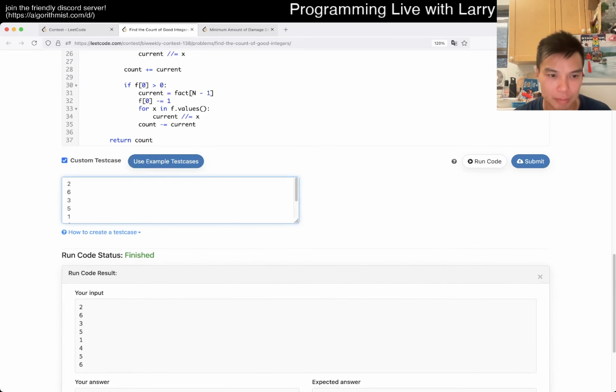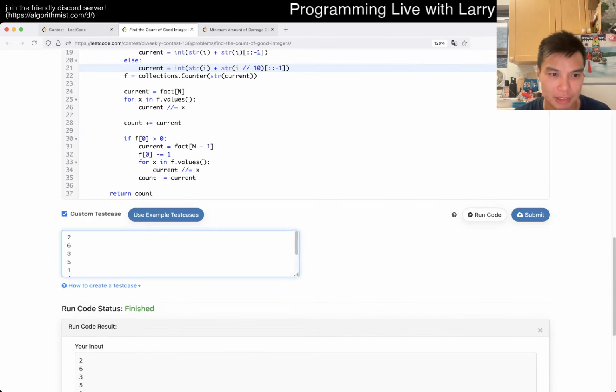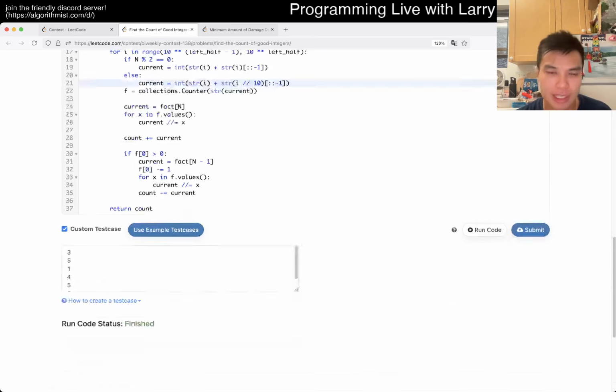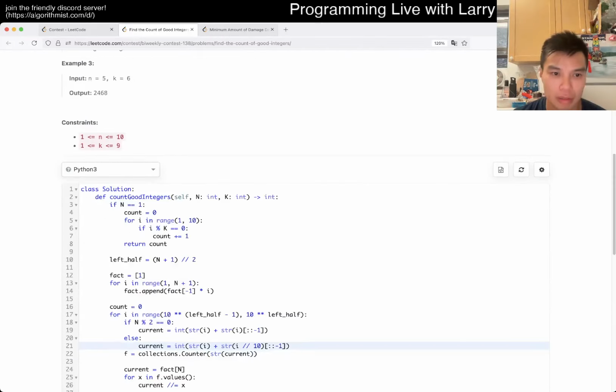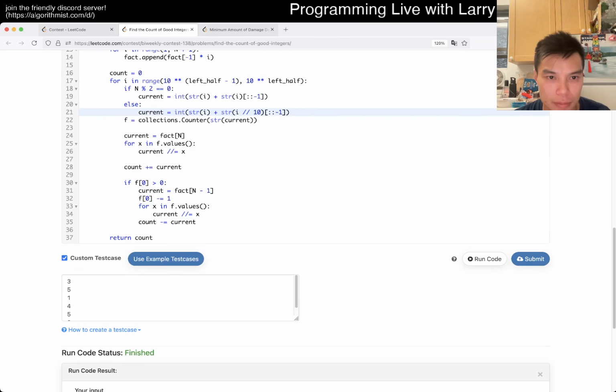2 and 6 is, I don't know if this is right, but definitely the other ones are not right. Okay. Oh, it's not n factorial, no, it should be. Oh, but do I double count on other?